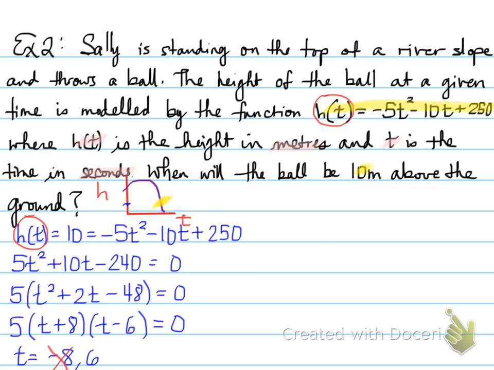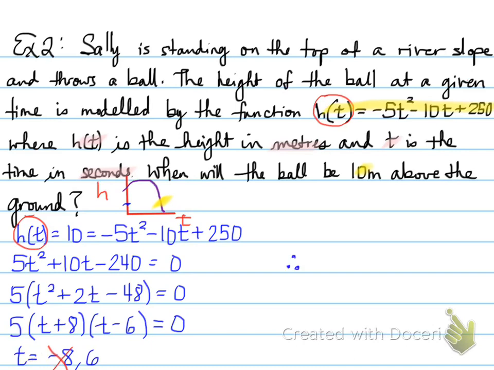So that answer is invalid. That answer occurred because this is a parabola, and the parabola doesn't understand that there's no such thing as negative time. We have to understand that the problem can't have negative time, so we negate answers such as this, which doesn't make any sense.